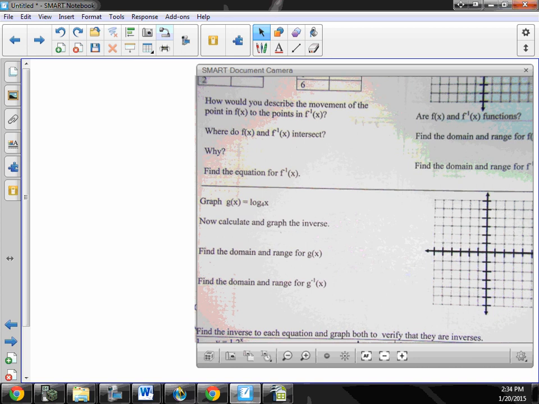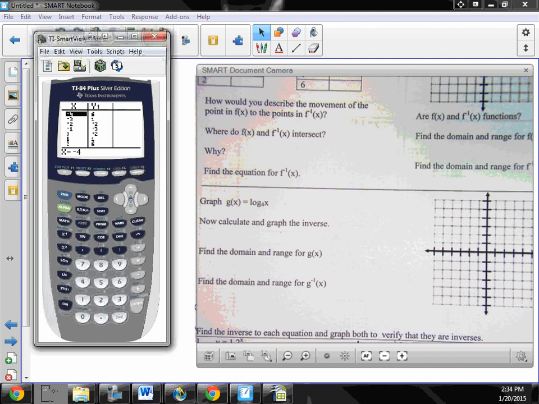Well, some of you do, but it's a waste of time to find it. So how do we plug in log base 4 of x? We do the change of base formula. So we'll write ln x divided by the ln of 4. Not log, that won't work. ln of 4.